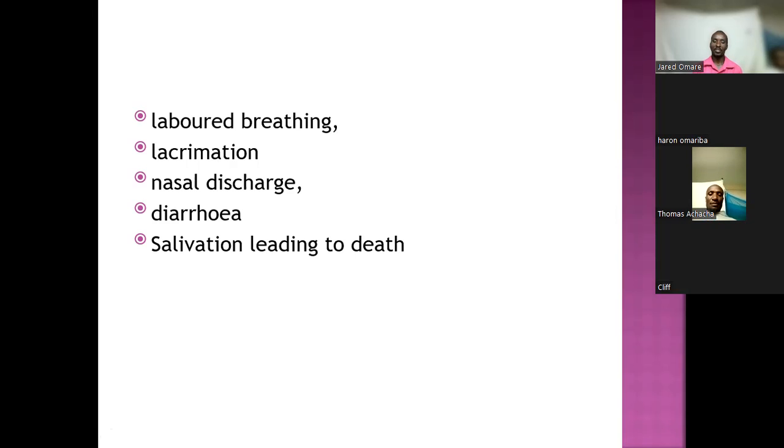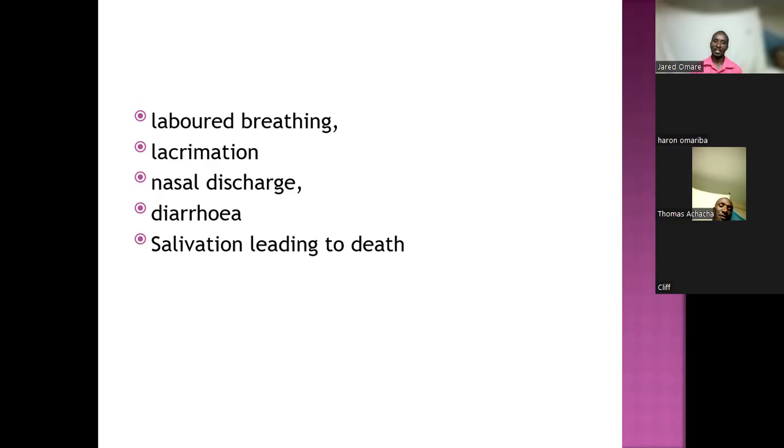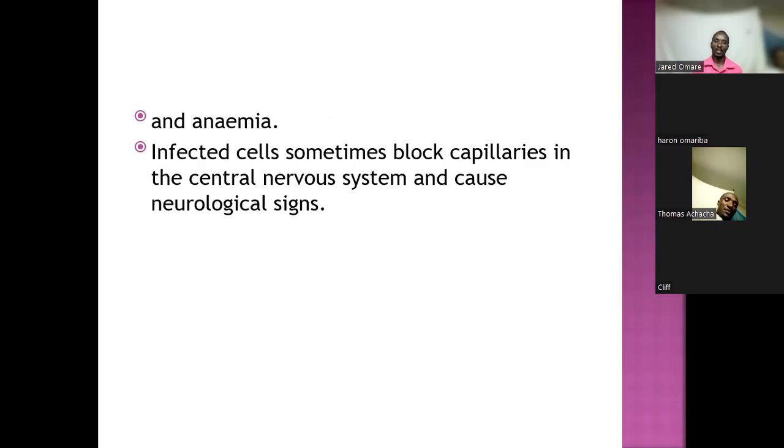Five is lacrimation. Six is nasal discharge. Seven, diarrhea. Eight, salivation that leads to death. Nine, anemia. And finally, the infected cells sometimes block capillaries in the central nervous system and cause neurological signs.